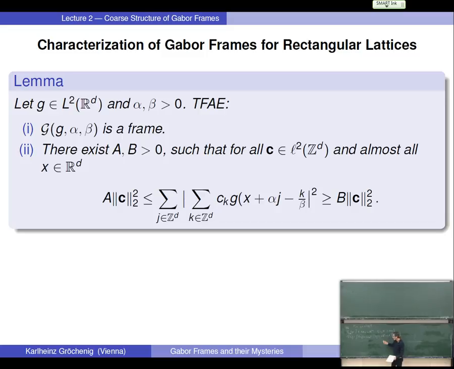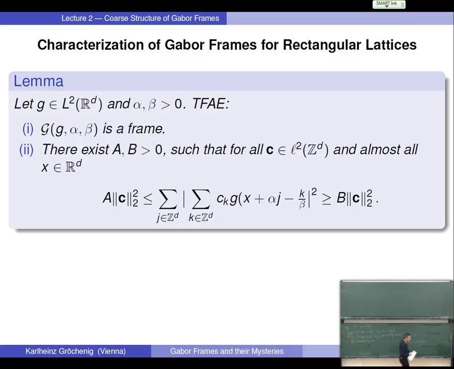For which rectangular lattices do we obtain a frame? I call the first one the full, and the second one the reduced frame set. This is actually the question we want to understand.